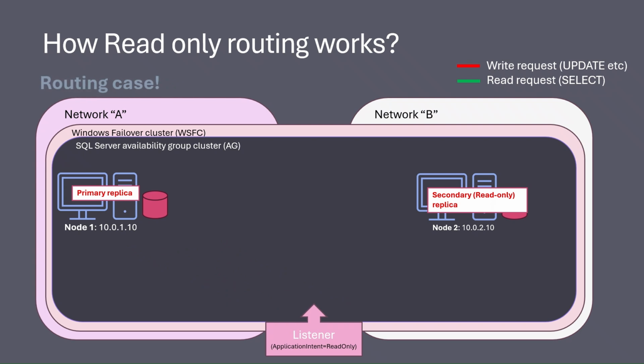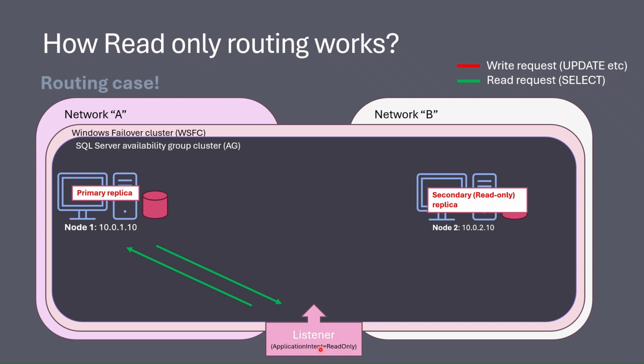Now, let's see the case where we enabled read-only routing. In a routing case, when the application connects to the listener, the application first adds the application intent read-only property to the connection string. Then the connection starts, the login request goes to the primary first, and this application intent read-only property is also transmitted to the server during the login process.